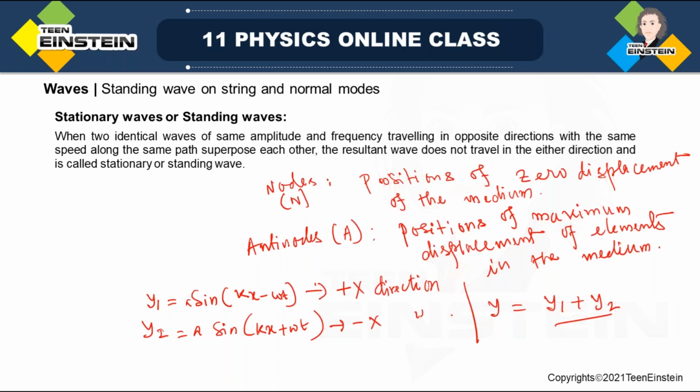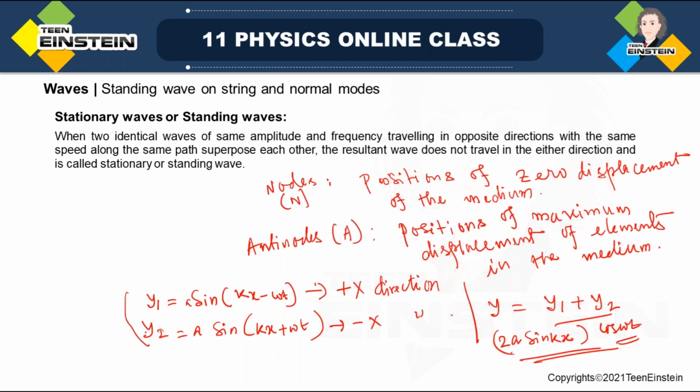If you just take the summation, you will get 2a sin kx as amplitude, and cos of omega t as the time dependent part. The condition for the nodes and antinodes we should know.